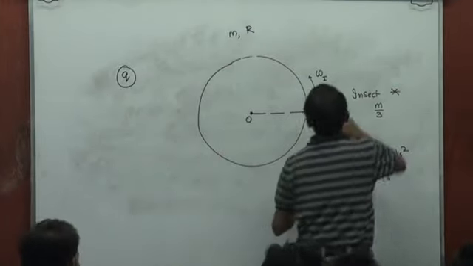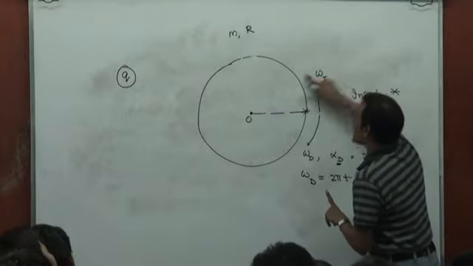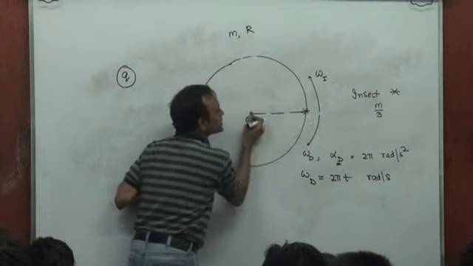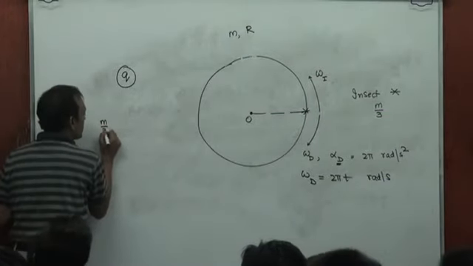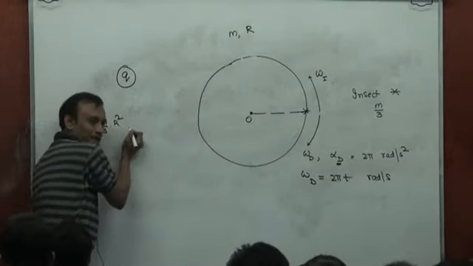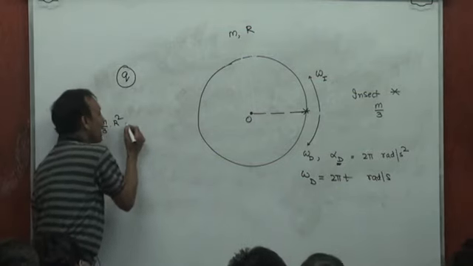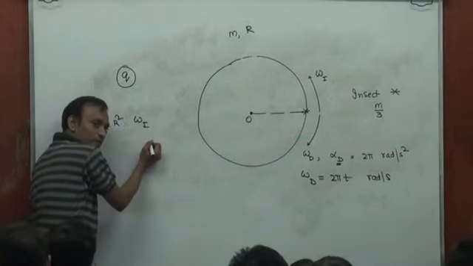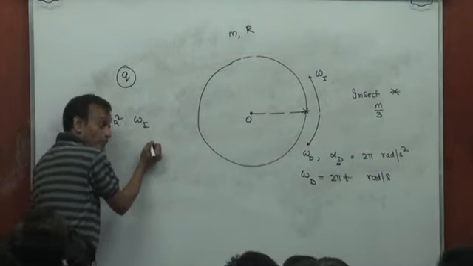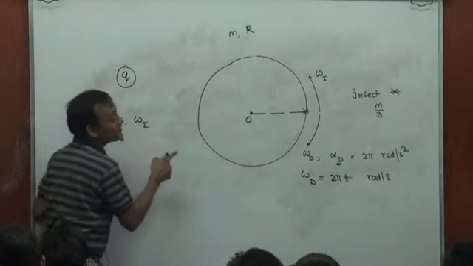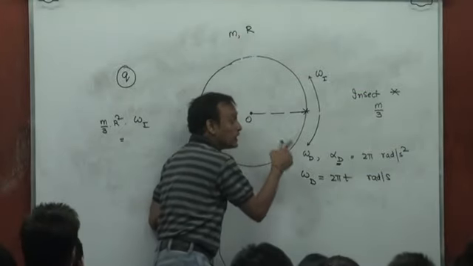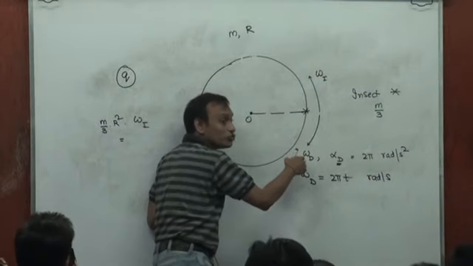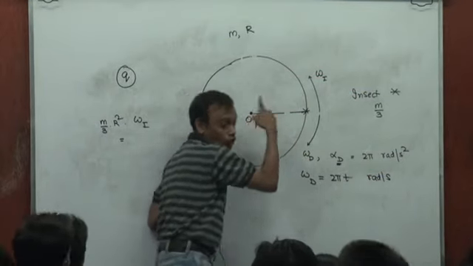Now, the angular momentum that the insect has about O is going to be the moment of inertia of the insect about O, which is its mass m by 3 into r squared, times omega I. That's going to be the angular momentum of the insect about O, and that must be cancelled by the angular momentum of the disk about O. The angular momentum in pure rotation of a rigid body about O is I about O into omega.